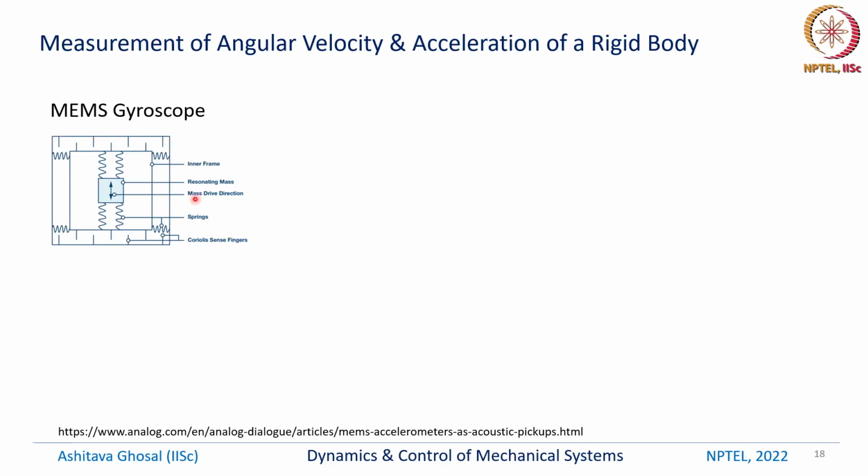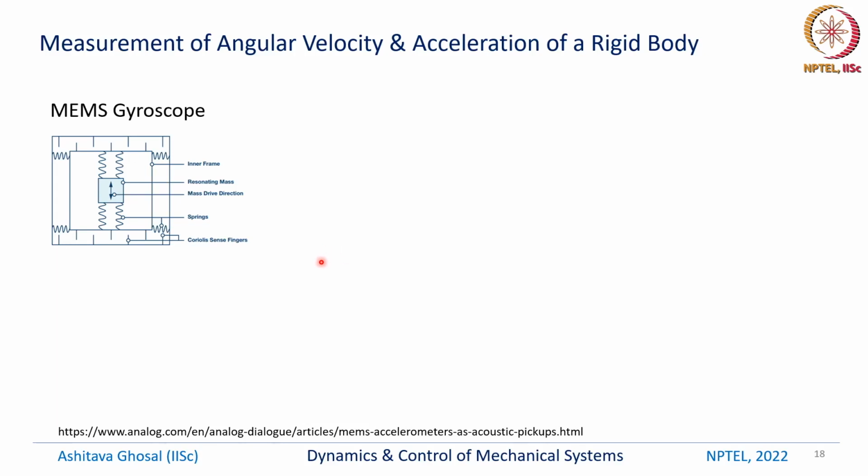There are a fixed frame and a moving frame. On both of these frames, they have these fingers. Okay, so these are called sense fingers. Basically, there is a charge between these two fingers, and if the distance between these two fingers changes, the capacitance will change, and you can measure the change in capacitance.